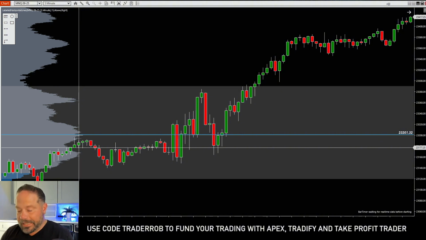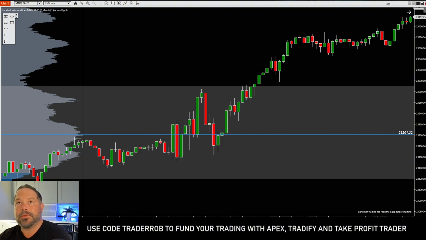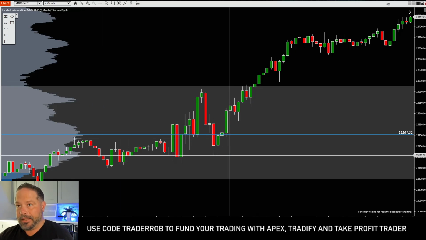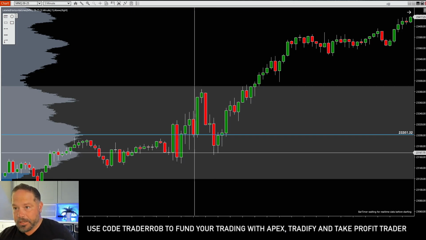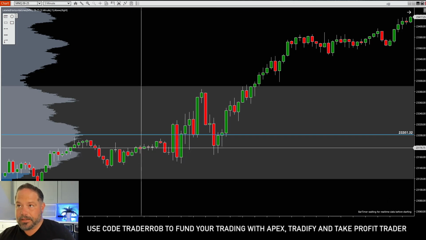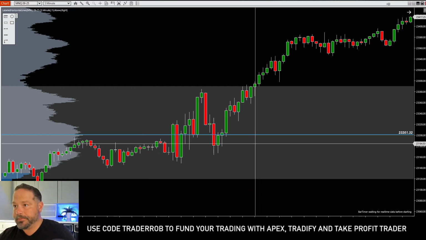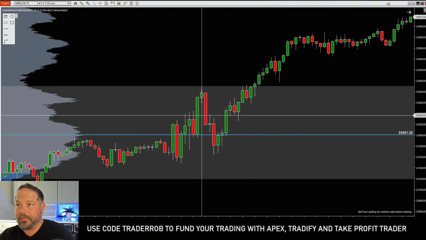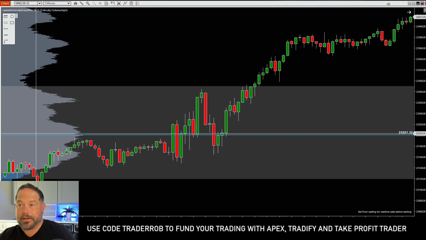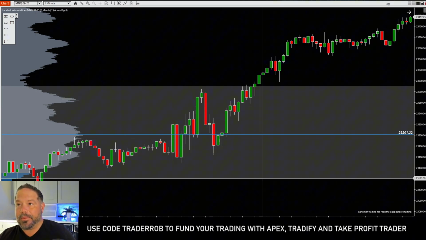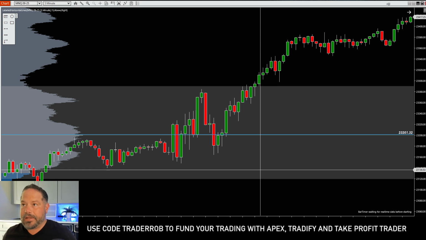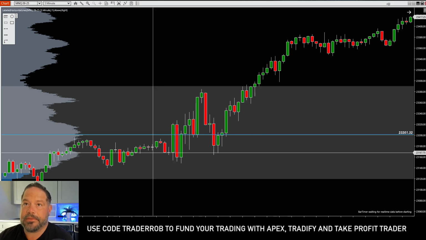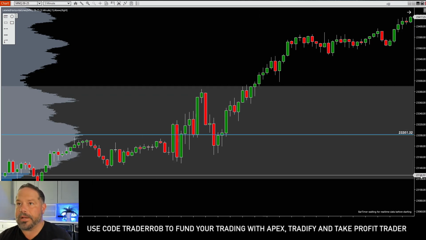Again, if this tool would have worked in playback, I would have marked the volume profile for the daily from 8 a.m. right here to about 10 a.m. This is the part that I would like to see because I'm very interested in a trade in this high volume area. That profile, you can break down into however many levels you want, and you can get very granular, very detailed as to entries and stops. But this is going to do a good enough job for us right now.